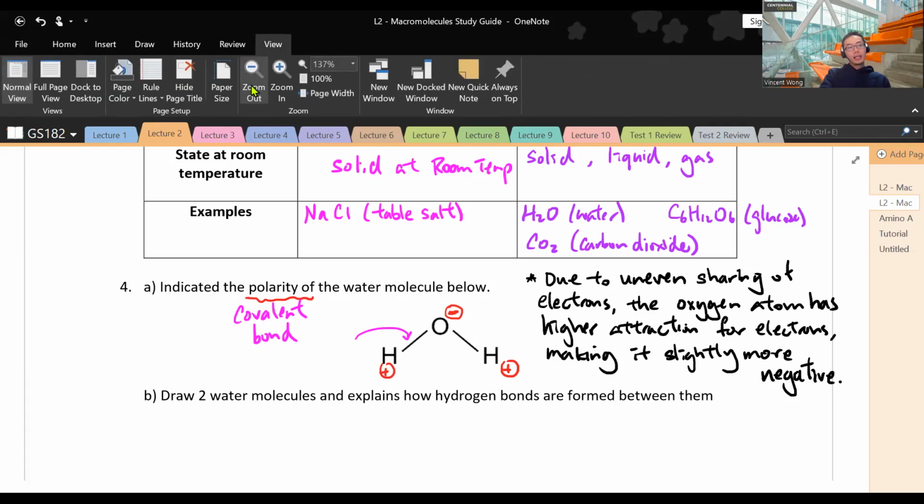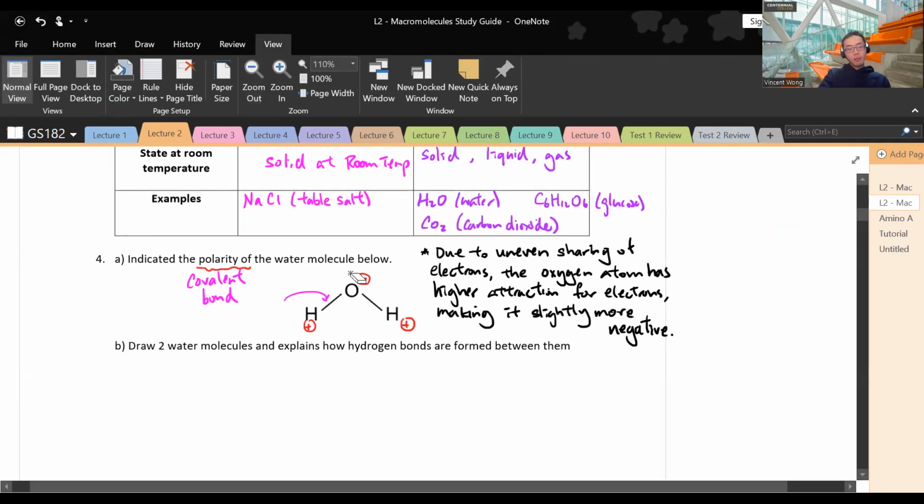When a molecule is slightly more negative on one side than the other side, that's what causes it to become polar. So overall, the molecule is still neutral. There are no extra electrons or missing electrons, but it's polar because part of it is slightly negative and another part is slightly positive.